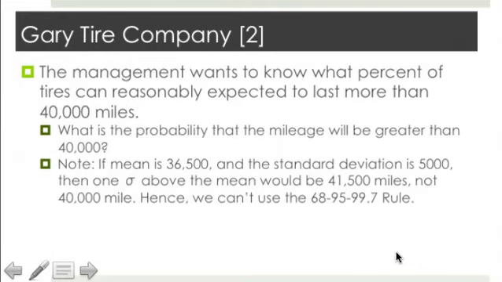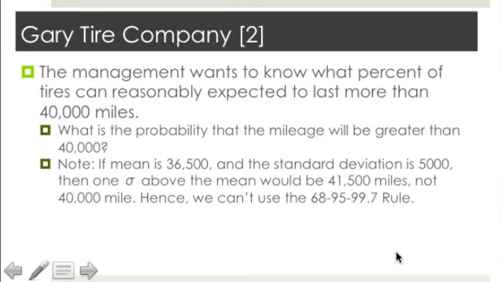So those are the parameters. Now, management wants to know what percent of tires can reasonably be expected to last more than 40,000 miles. In other words, what is the probability that the mileage for a given tire will be greater than 40,000?